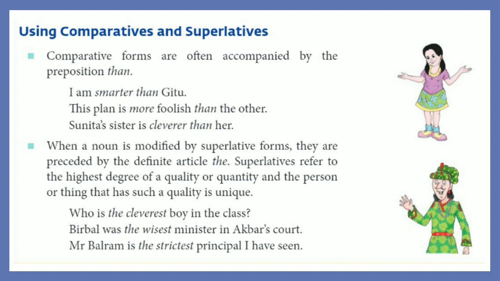In this sentence, wisest is the superlative form, and before wisest, the is used. Mr. Balram is the strictest principal I have seen. Again, before the superlative form of the word, strictest, the is used.